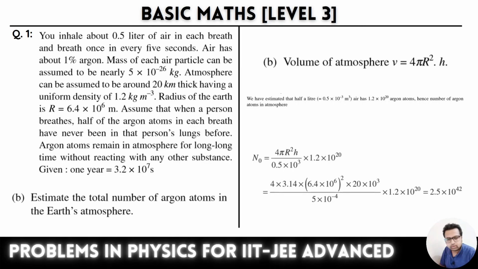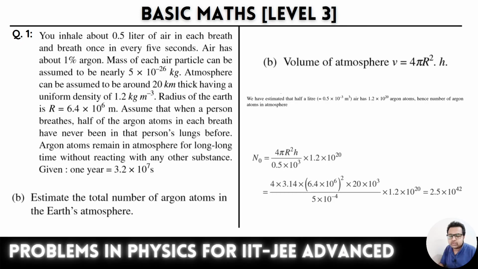Here the scenario is this: we have a sphere, and that sphere is Earth. From the surface of the Earth, we take 20 kilometer and draw one more sphere. The region of 20 kilometer is the volume which we have to calculate.